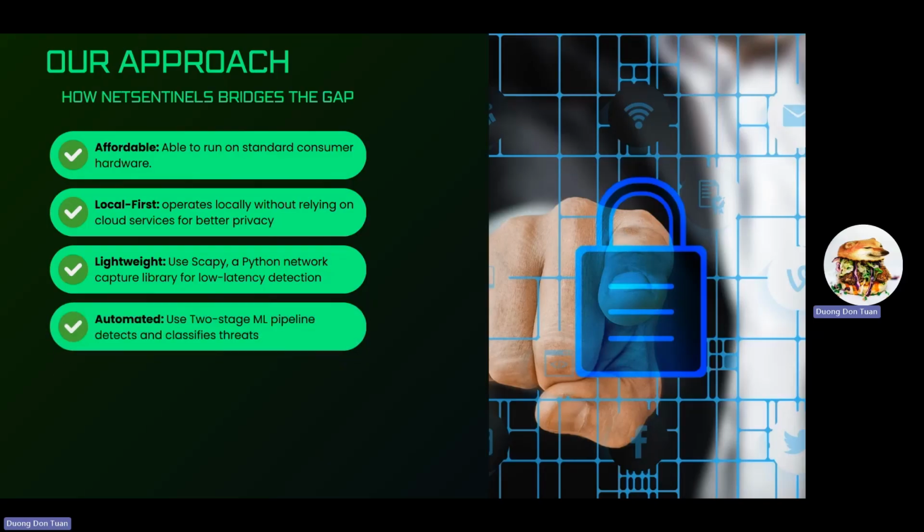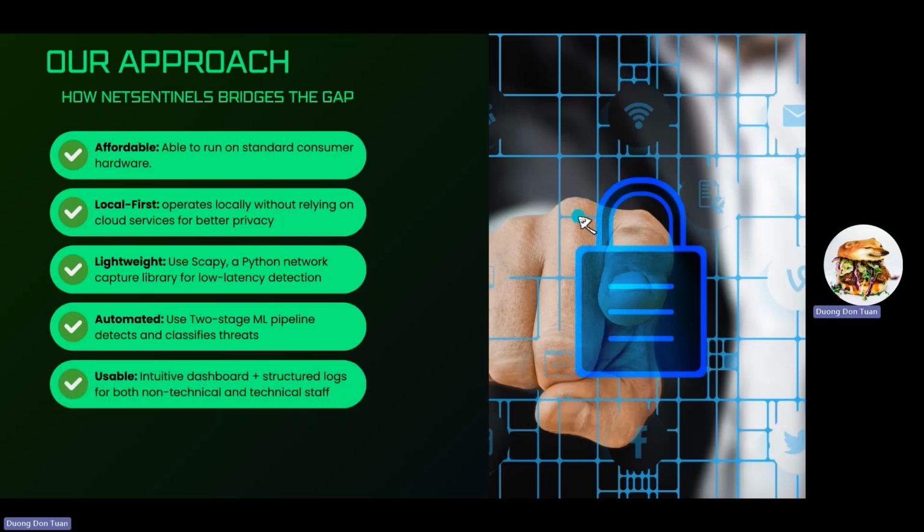And most importantly, it is usable. We provide clear dashboards for non-technical users as well as structured logs like CSV and PCAP for technical staff. In short, NetSentinels brings together the strengths of both enterprise and open source tools, but in a way that is practical and accessible for SMEs and schools.